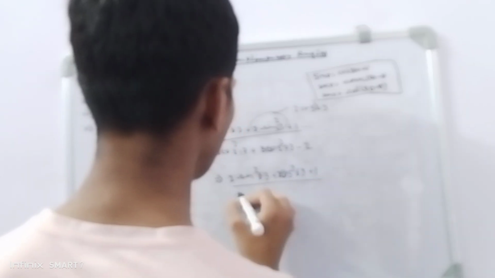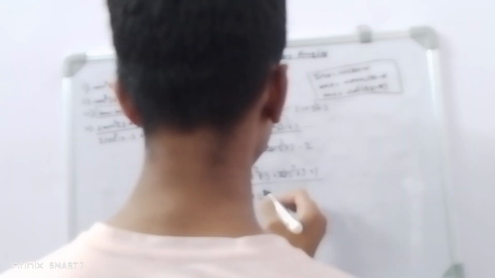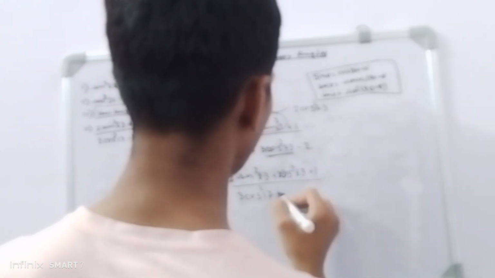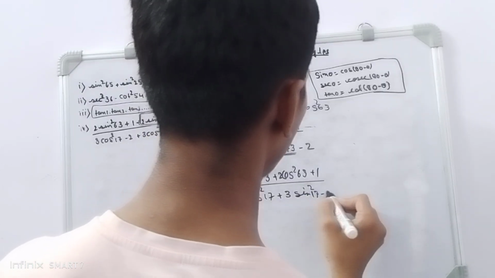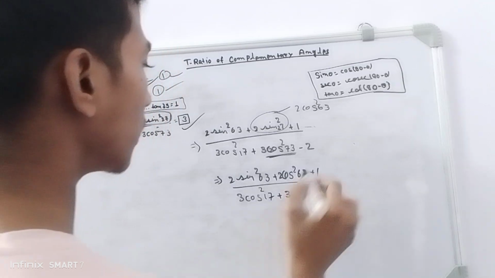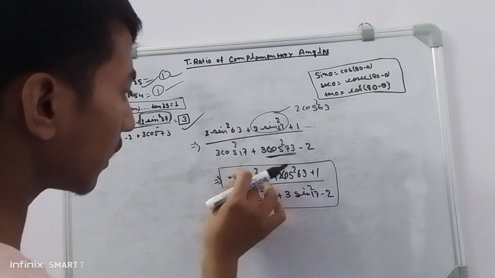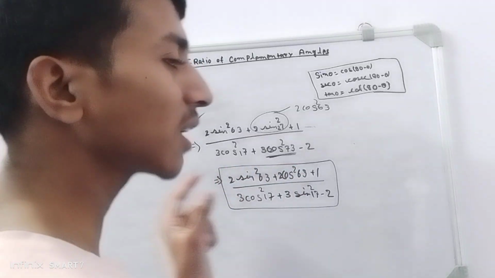And now this one is 3 cos square of 17, and this one can be written as 3 sine square of 17, minus 2. Now you get to this one. Now how will you solve? If you take the common 2, then you will be able to use the identity, which is sine square theta plus cos square theta is equal to 1.